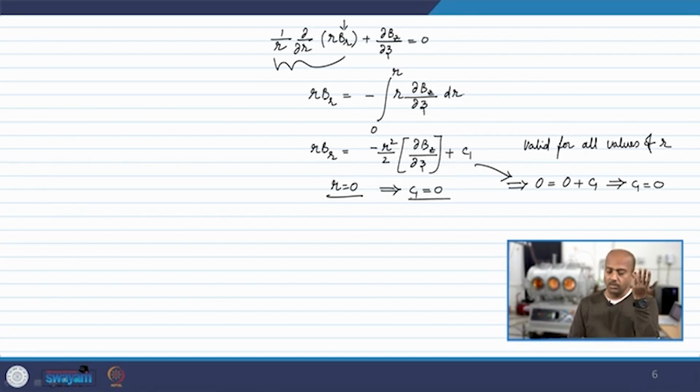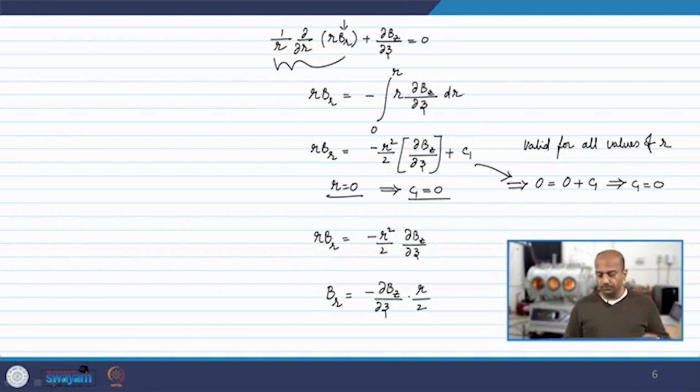So, we do not have to worry about the constant, and we will go ahead and write r Br is minus r square by 2 ∂Bz/∂z, or Br is minus ∂Bz/∂z times r by 2.